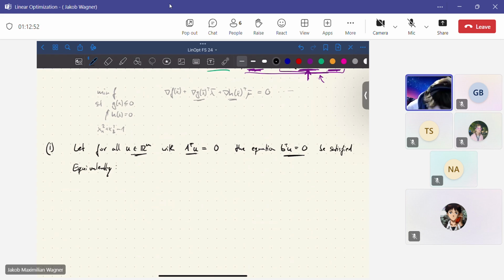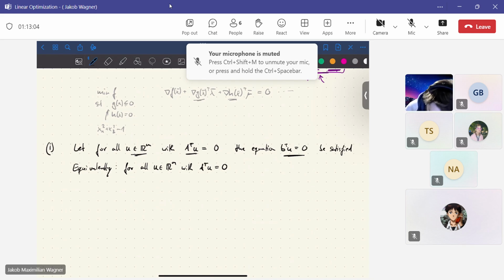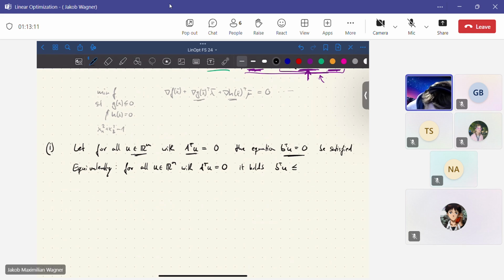that for all u in R^m with A transpose u equals 0, it holds b transpose u is lesser equal than 0. So obviously, if you have equal to 0, then this is also covered. So this also satisfies lesser equal than 0.